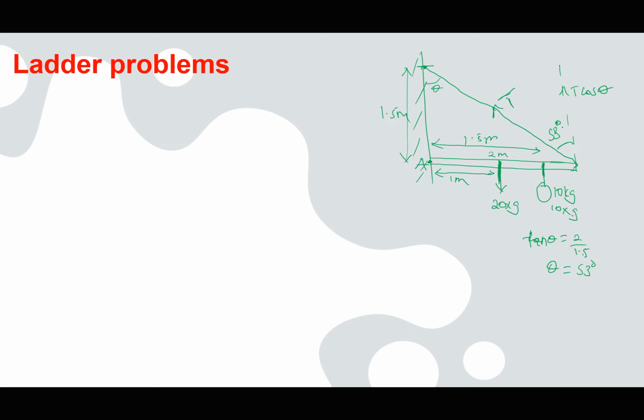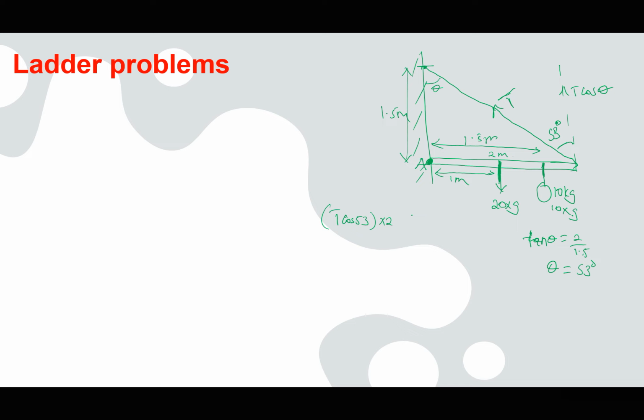So they wanted us to find T. So I can find T by just taking moments about point A. I can't add the forces upwards because there's another force here. There could be another force at A acting upwards, which I don't know, but I can take moments because the force at A will not have a moment about A. So I'll say T cos 53 times the perpendicular distance, which is 2 meters.